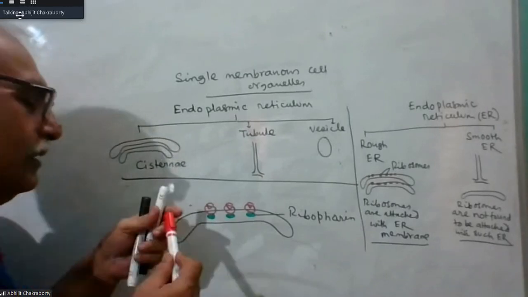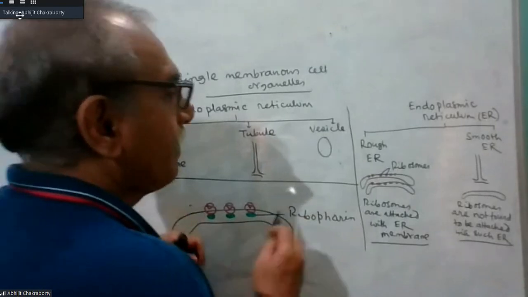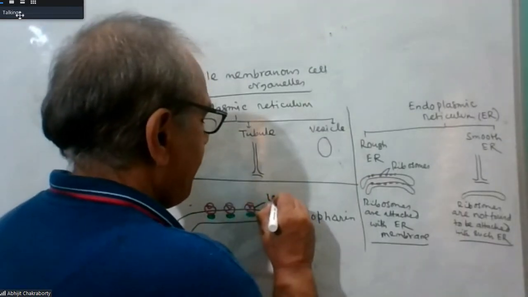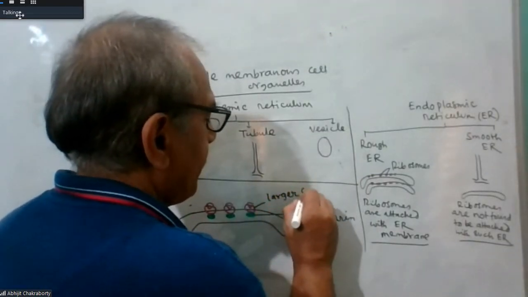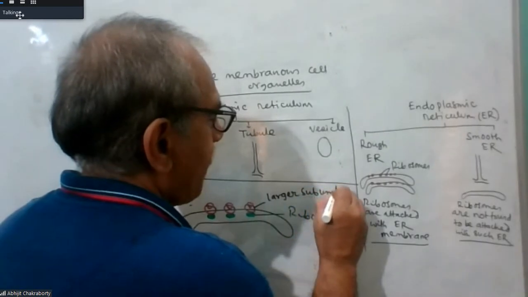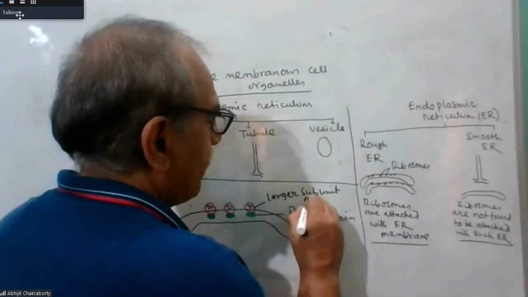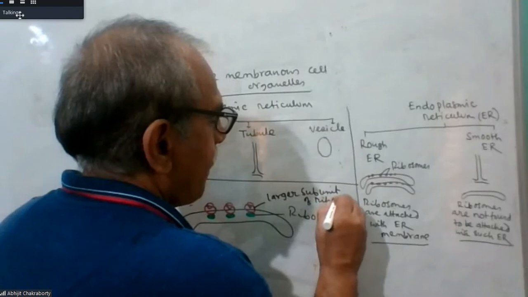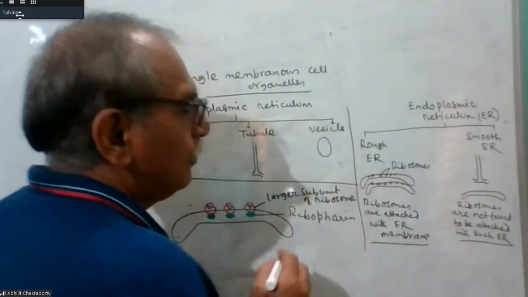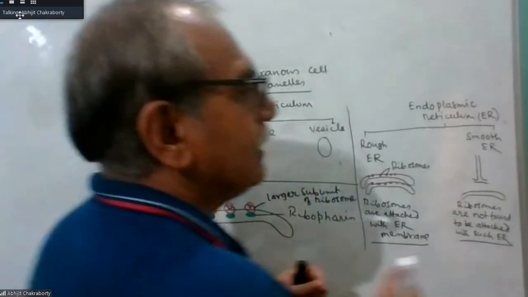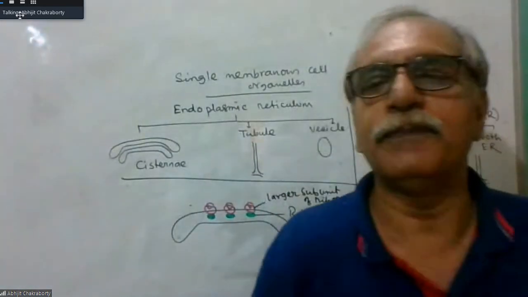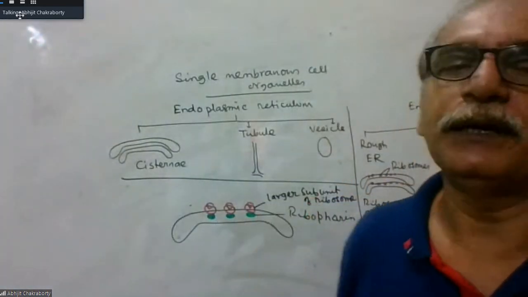So this is the larger subunit of the ribosome. You need to remember this: the larger subunit of the ribosome binds to the ribophorin.